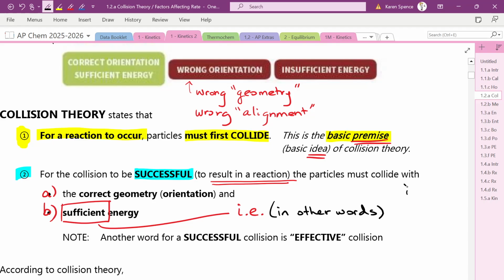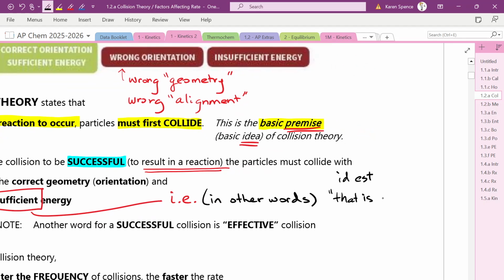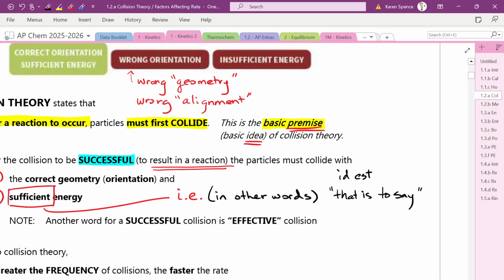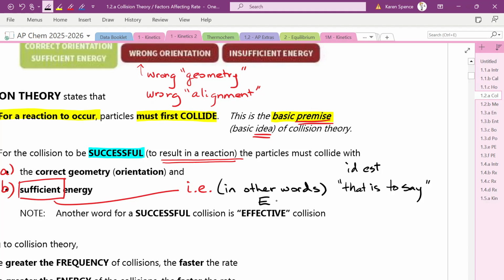It's from the Latin id est, that is, as in that is to say. So i.e. means, in other words, enough energy.